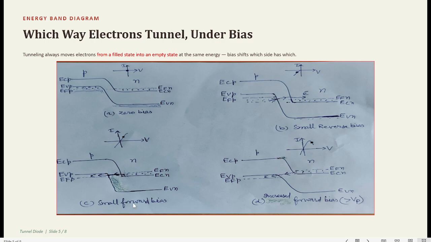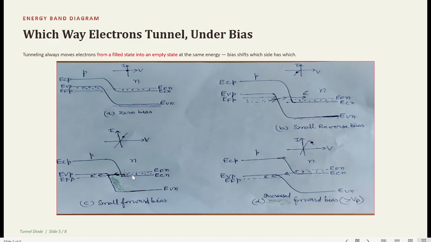Then in the small forward bias case, we will see that electron energies on the N side will increase, so the bands will shift upwards, and here we can see that these conduction band filled states lying between ECN and EFN are now overlapping with these empty states between EVP and EFP.